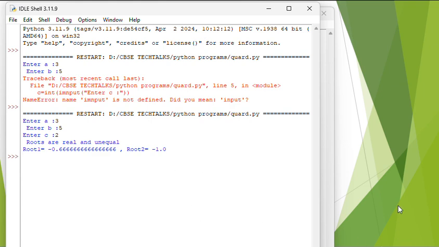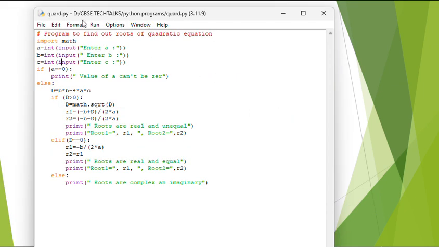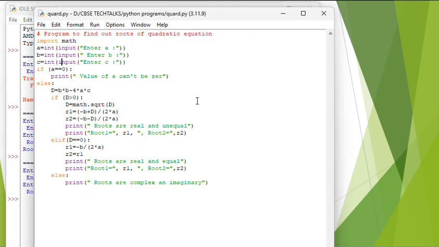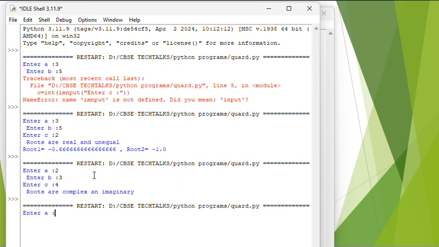Let's go with the second. We will go with all the three cases. Again run it. Let's take 2, 3, 4. In this case, roots are complex and imaginary. And the third one, we are going to again run it. And this time I will be giving the values in such a way that they are equal.